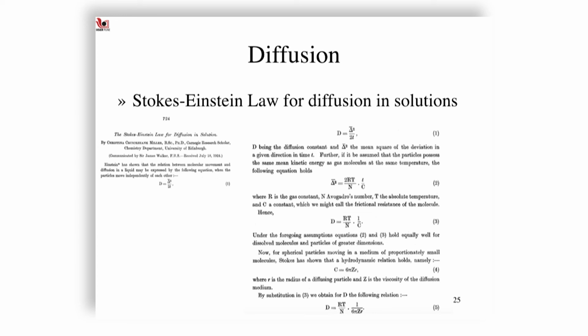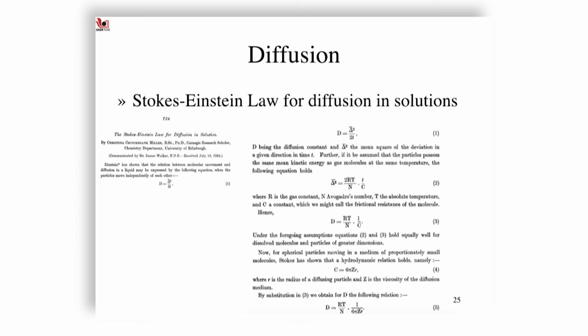This little review summarizes the Stokes-Einstein relationship, that D is the diffusion coefficient and delta S is the mean square displacement of the particle in a certain time t, and D is equal to delta S by 2t. You can also write this in terms of the Stokes drag coefficient, which is equation 4, where for a spherical object the drag coefficient is 6 pi eta r.